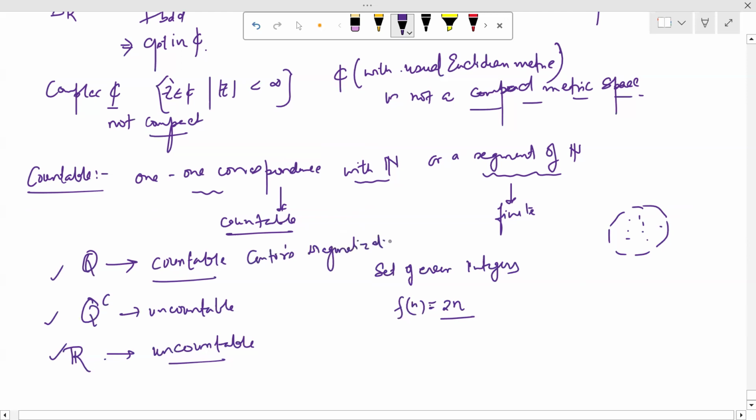But right now, just remember that the set of rationals forms a countable set, the irrationals form an uncountable set, R is an uncountable set, the set of even integers forms a countable set, odd integers also form a countable set, and the set of integers itself is a countable set. I hope it is clear.